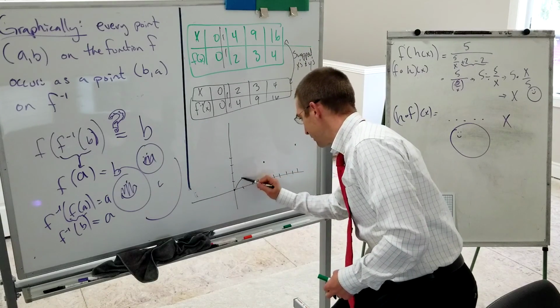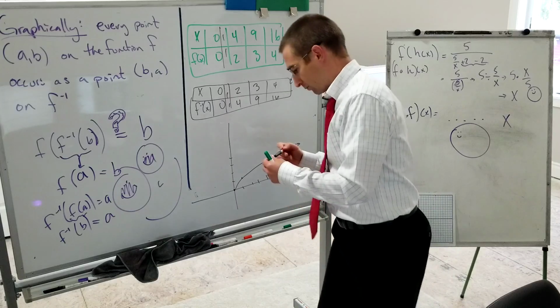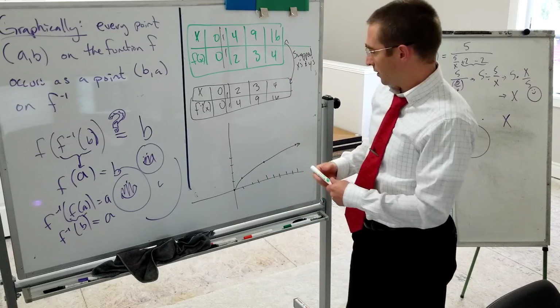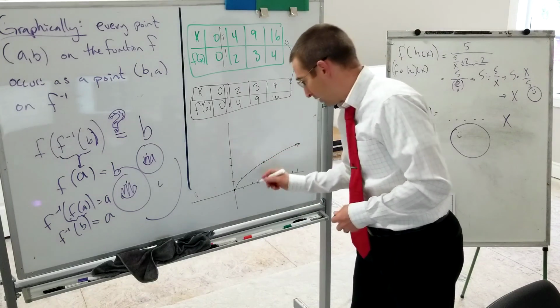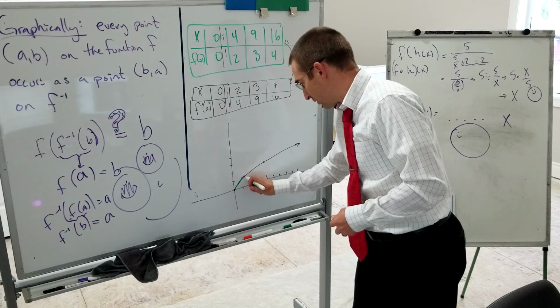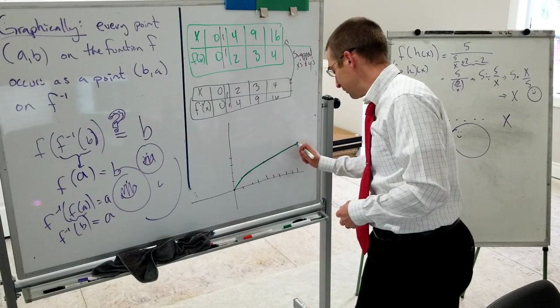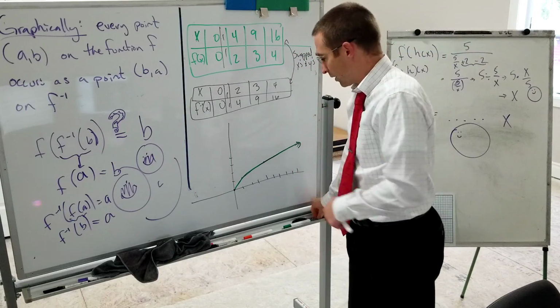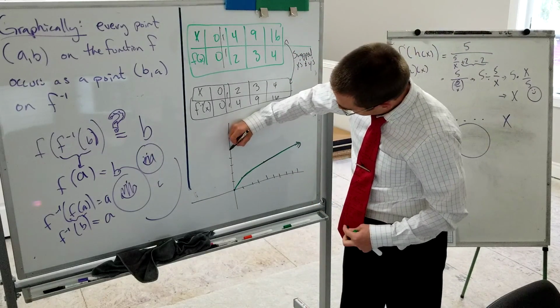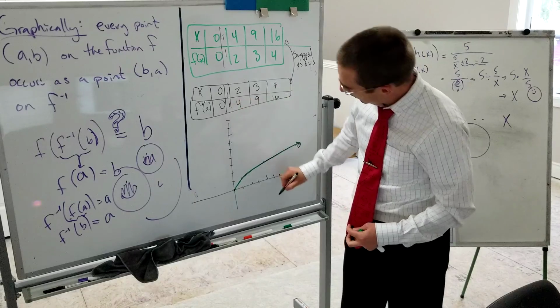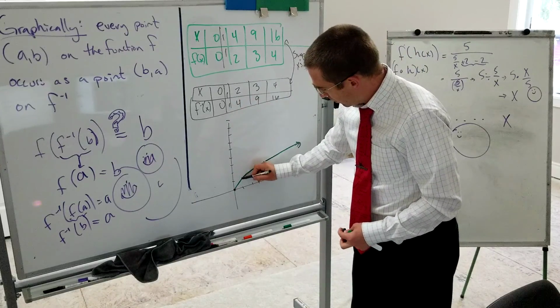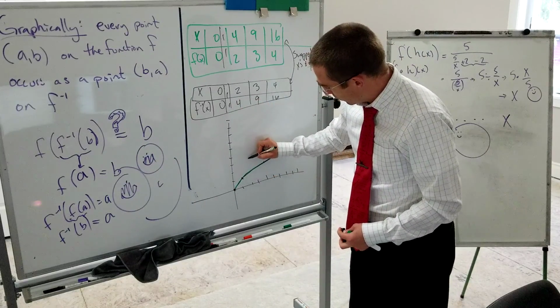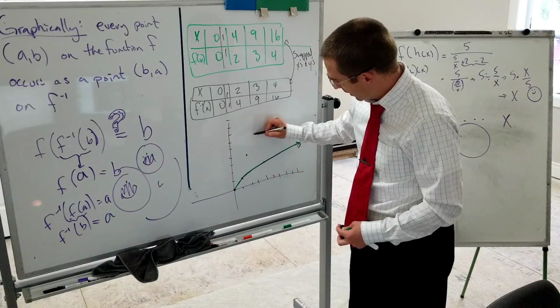So we got this right here. And I should have done that in green, my bad. This is the green graph. That corresponds to this one. I didn't go all the way up to 16. That's okay. So 0, 0, 1, 1, 2, 4, 3, 9.